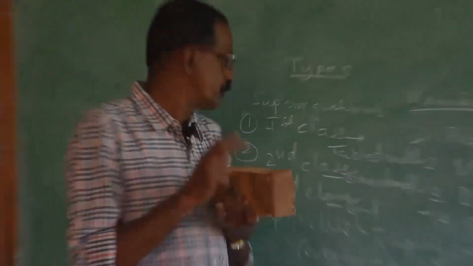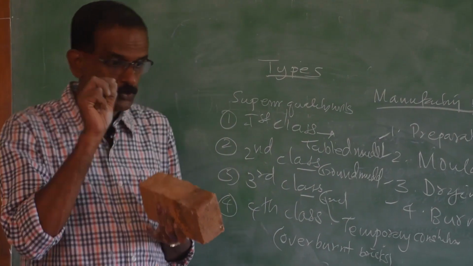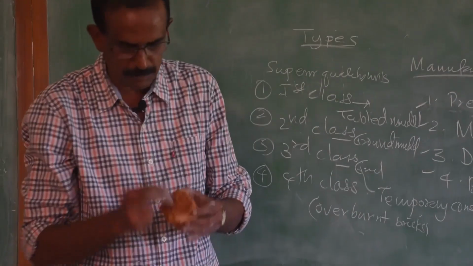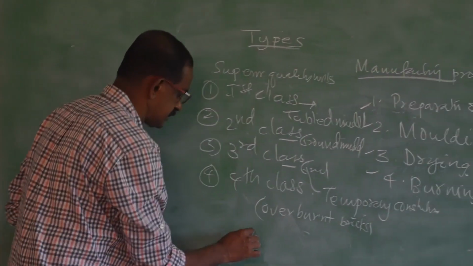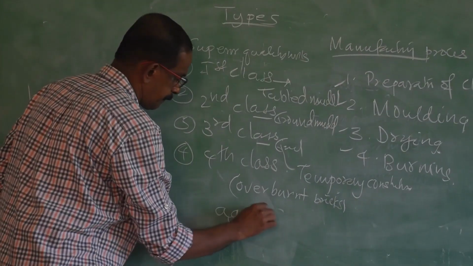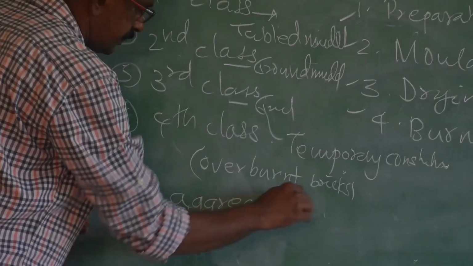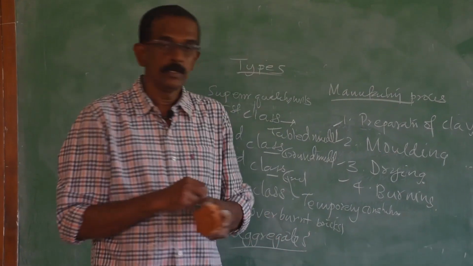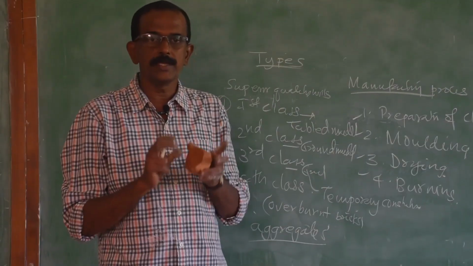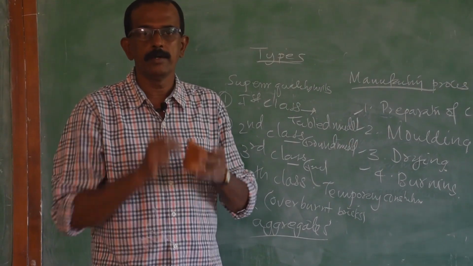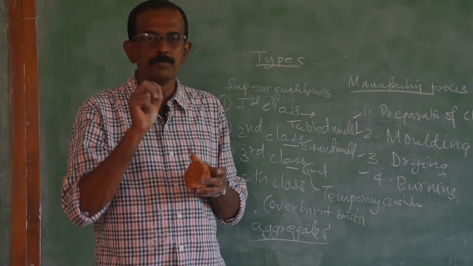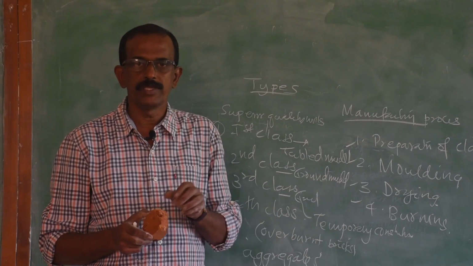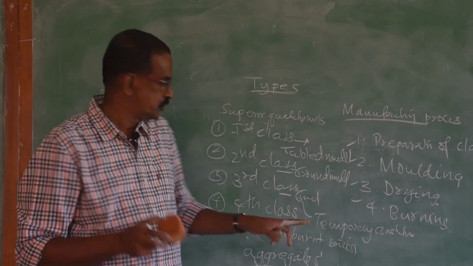So, it is not used for any construction, but the small pieces, smaller than this, can be used as aggregates in concrete, as you know. So, we will come into that topic. For the time being, you understand like this: aggregate is the material added with the cement to make the concrete. So, instead of metal, broken stone, we can use the broken pieces of such bricks.